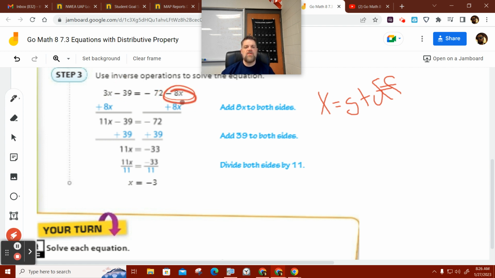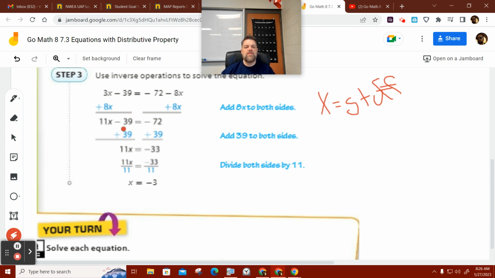It's further to the left on the number line. So I do the inverse, which is to add 8x to both sides. These cancel, and I'm left with negative 72 on this side. Over here, 3 plus 8 equals 11, so I have 11x, and then we just drop down the negative 39.